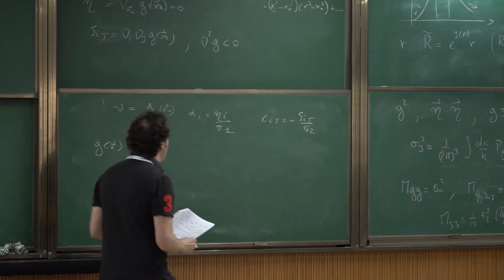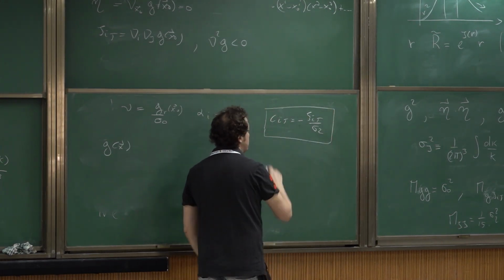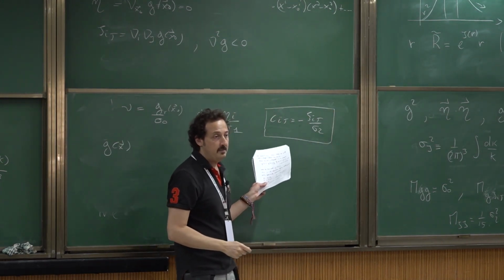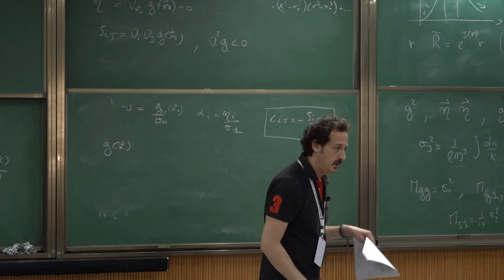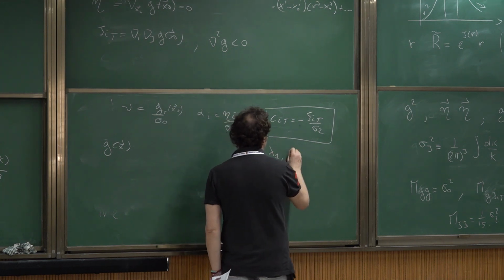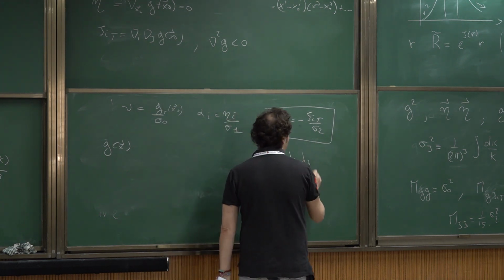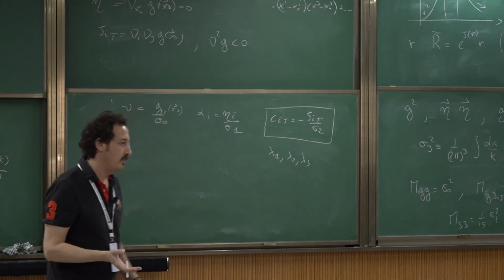I'm not going to show you because I have no time, but this is a Hessian matrix. The Hessian matrix is a 3x3 symmetric matrix, so I can diagonalize. If I diagonalize, I get 3 eigenvalues, and the whole matrix is defined by these 3 eigenvalues.